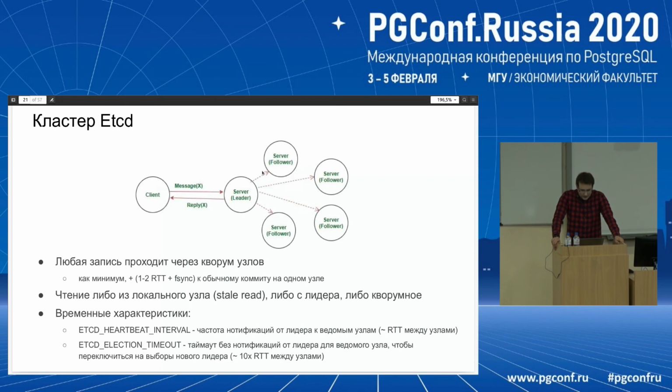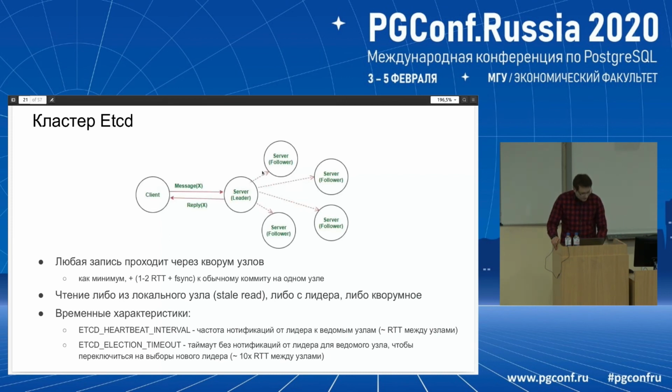And then we select a new leader. These parameters are required if you would like to use a special configuration for your cluster. So on the previous slide you could see these parameters by default, 100 milliseconds, and if the cluster is located locally, this is enough, but the election timeout by default is 10 times more.